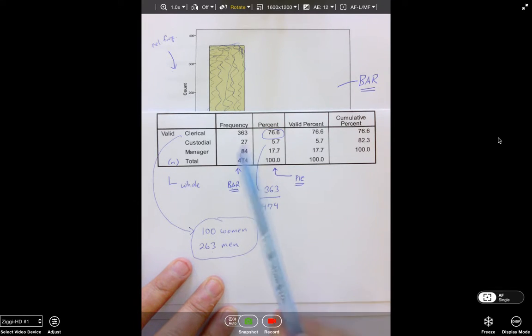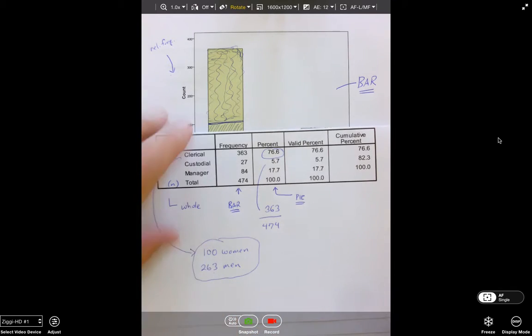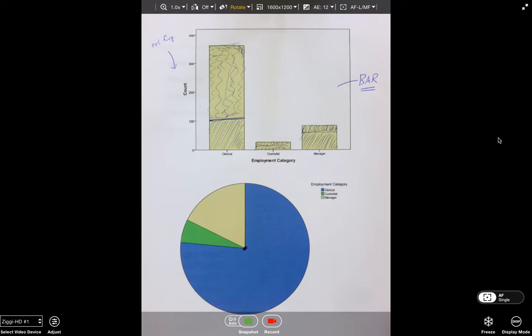Okay? So I know that 76.6%, which is a little bit over 3/4 of the circle, 3/4 is 0.75. So when I draw my pie chart, and I never would draw one of these, I'd always let technology do it, you can see that the part there is just a little bit bigger than that.